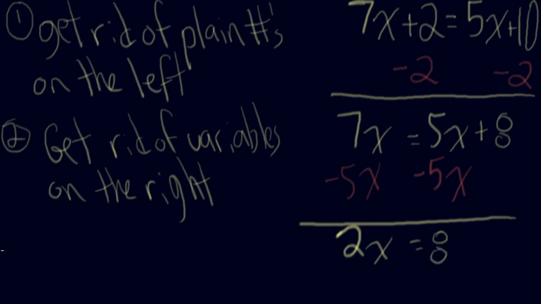And this comes down to rule number 3. There's different ways to kind of go about it. But just realize the very last step, almost always when solving equations, is to multiply or divide. And I'm going to write that down.